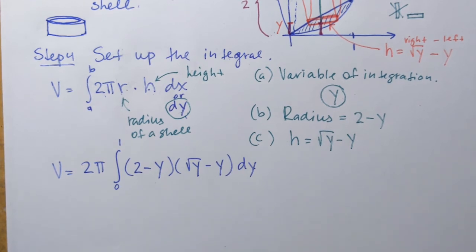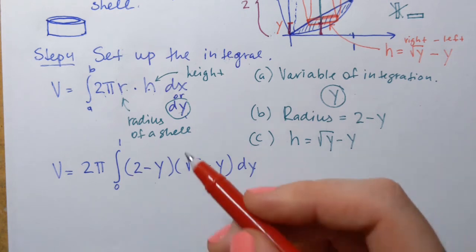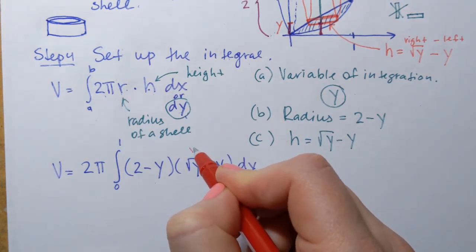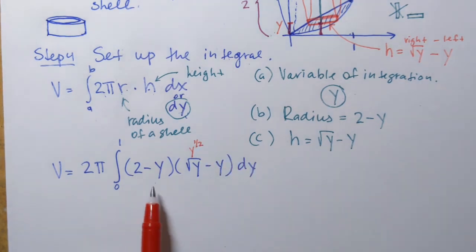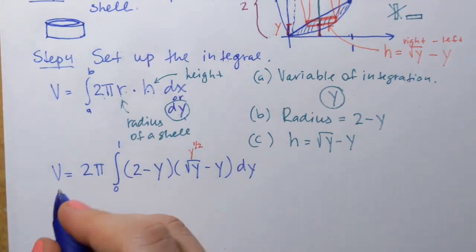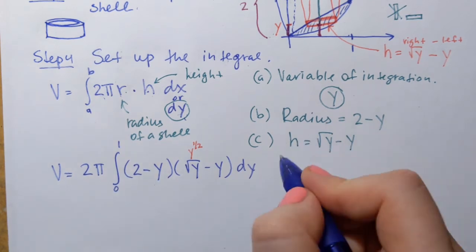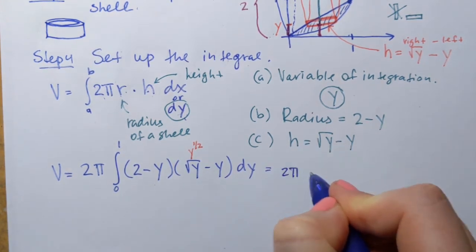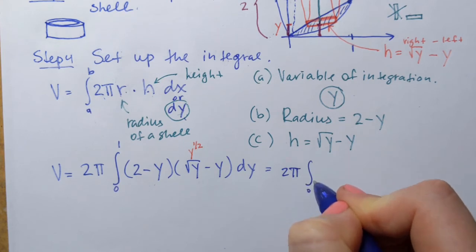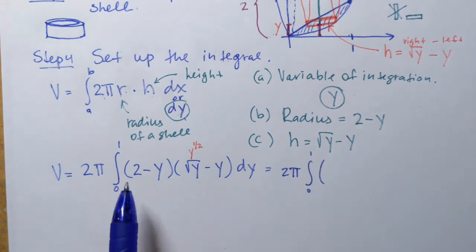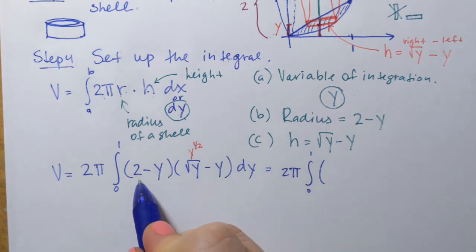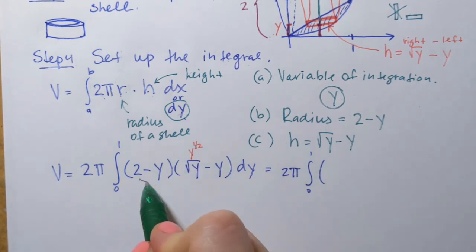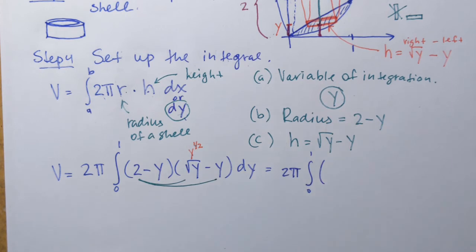And when I multiply them out, since I have square root here, I will rewrite it as y to the power 1/2. Like that. So as I multiply expressions out, I will be using that power. So it's 2 pi integral from 0 to 1, and let's see what we can get. So 2 times y to the power 1/2. I'm starting this way.